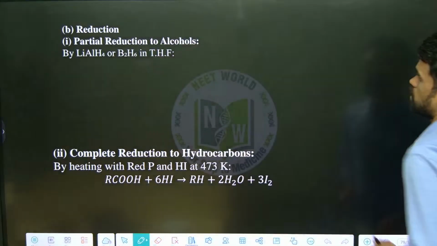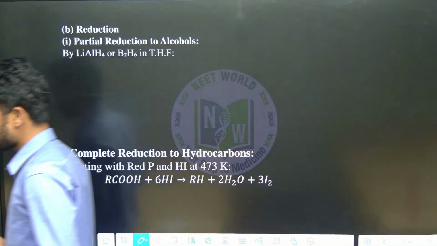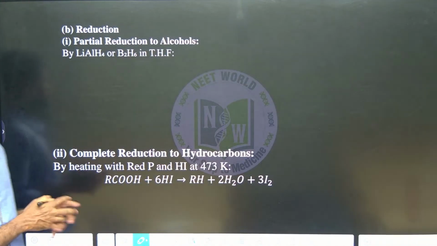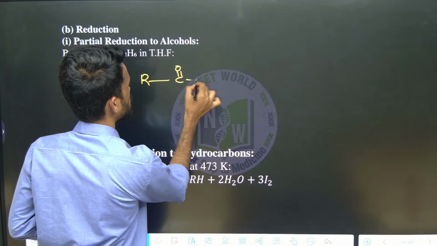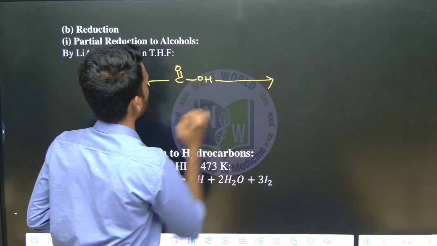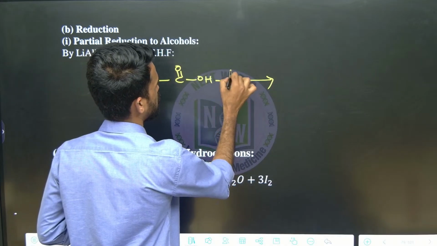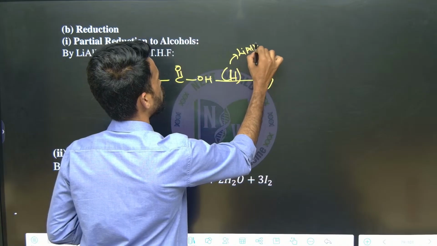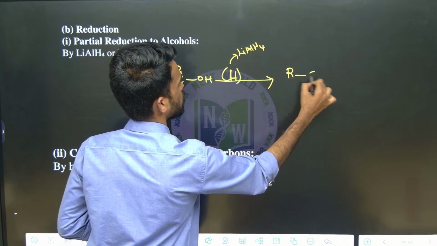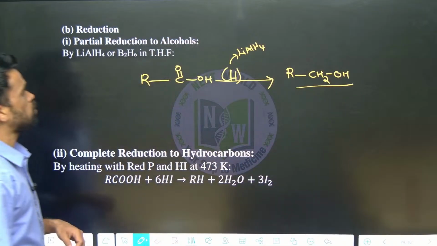Right. Then next, the reduction process. The reduction process includes conversion of carboxylic acids to alcohols. Here we can use lithium aluminium hydride, which converts the given carboxylic acid to alcohol.